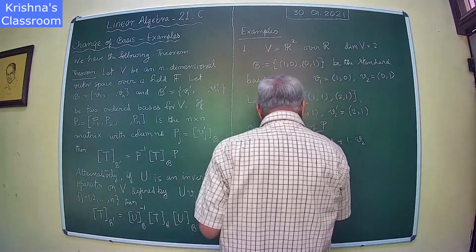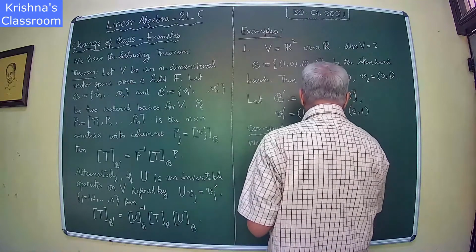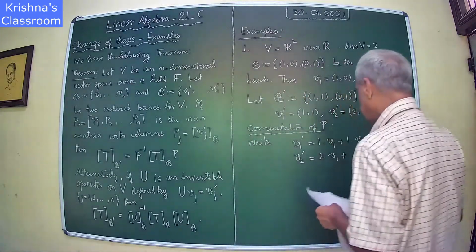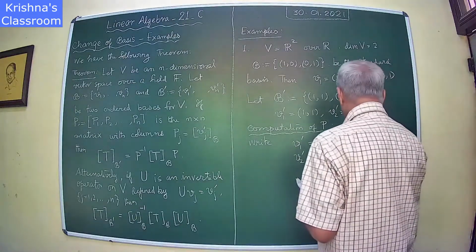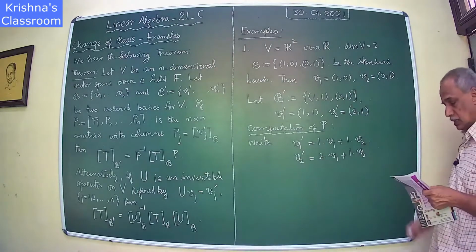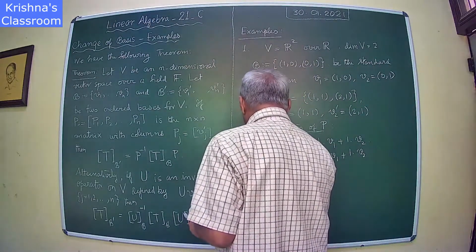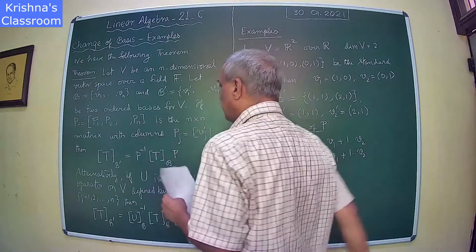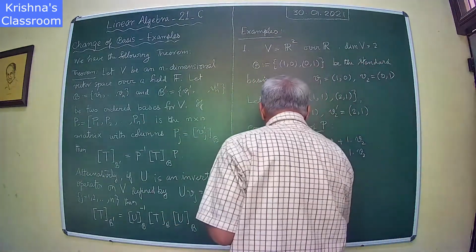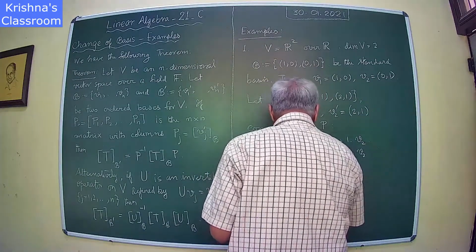So also you write V2 prime as 2 times V1 plus 1 times V2, and then look at the definition of P. Then P turns out to be 1, 2, 1, 1.